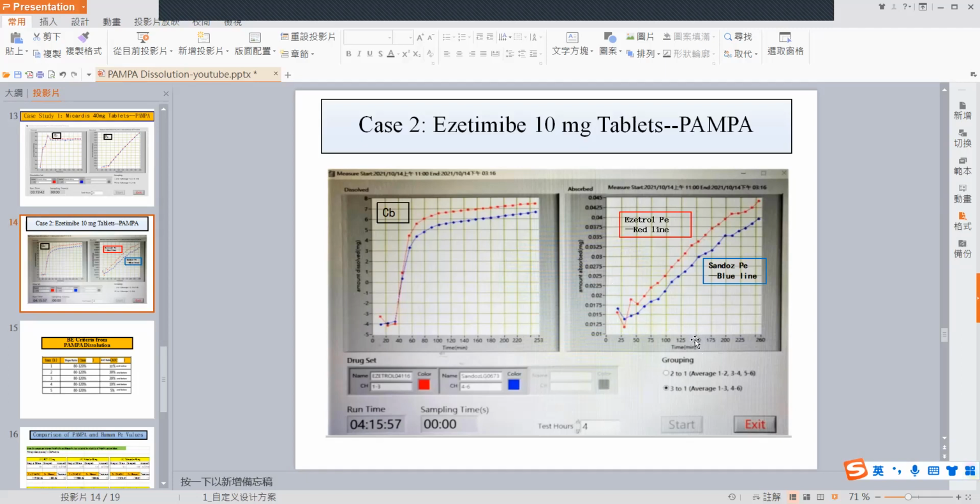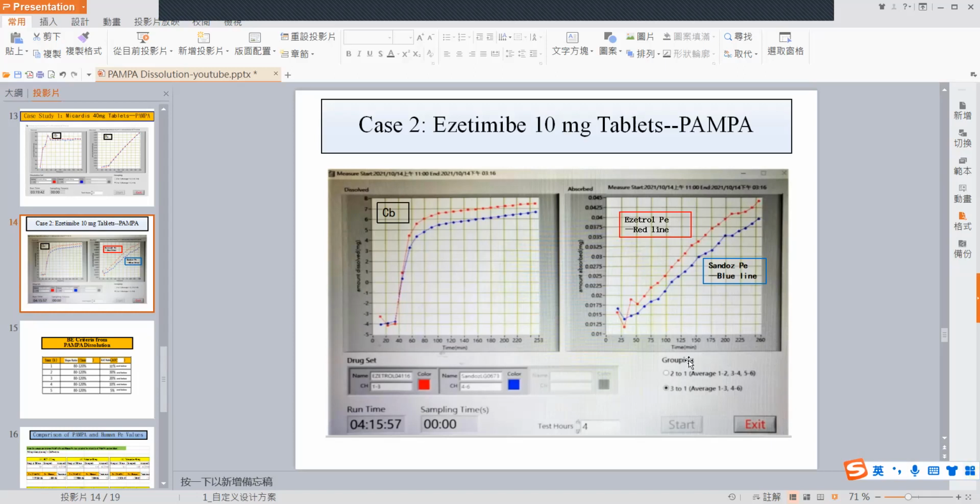So that means the unit time, how much drug was absorbed. So if you compare the slope of the blue to red, you can end up with a prediction of the Cmax, right?